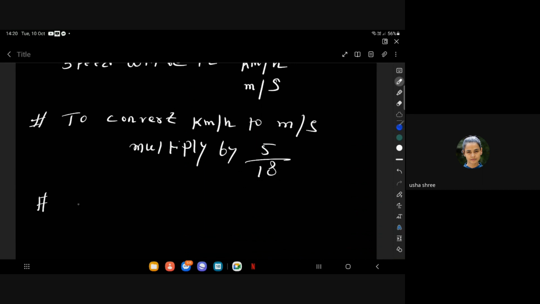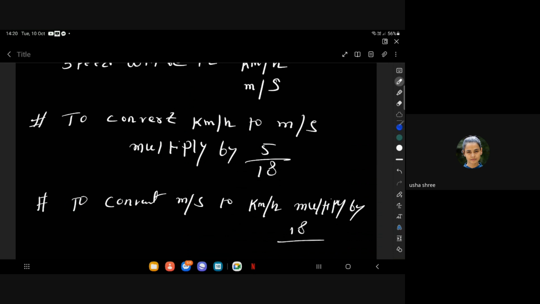And to convert meter per second to kilometer per hour, multiply by 18 by 5. Just reverse.